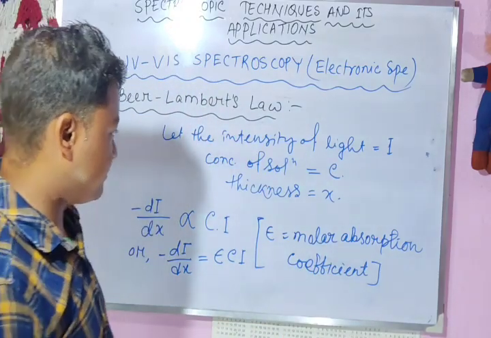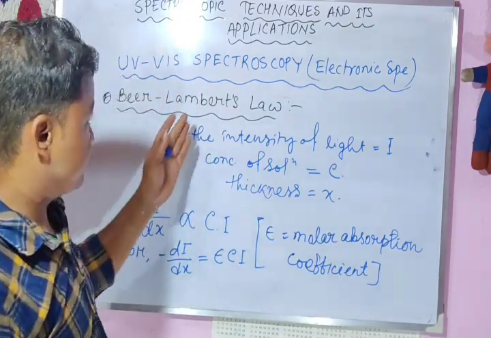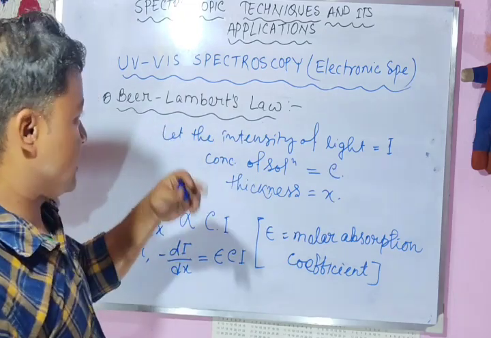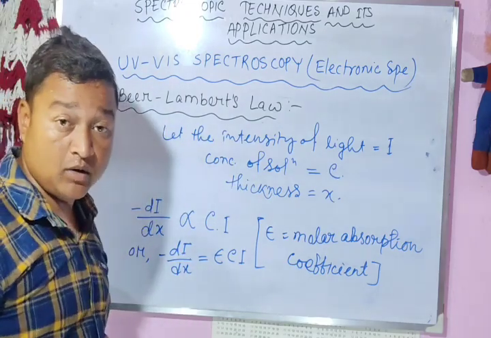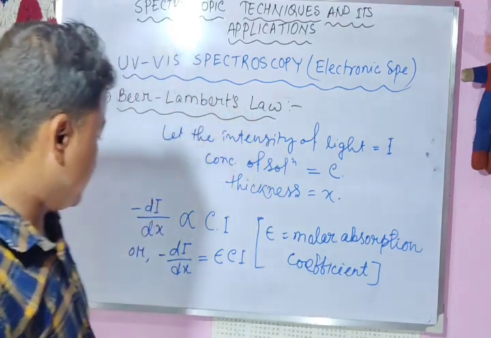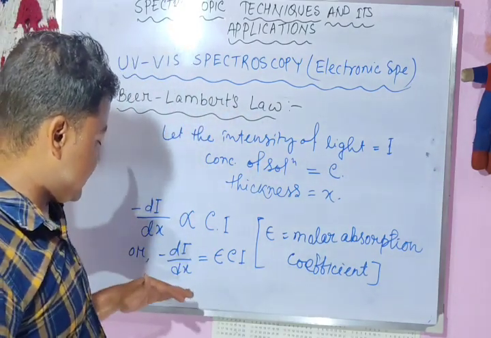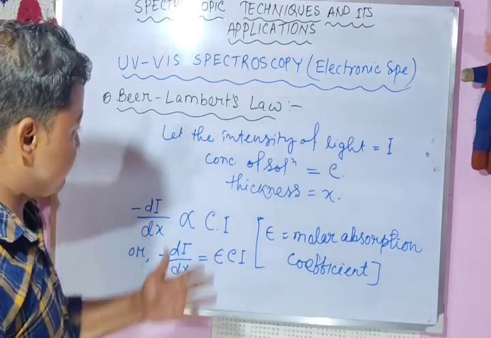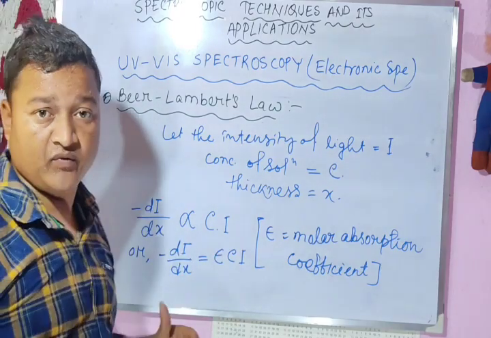This is the mathematical form of Beer-Lambert's law. And if we arrange and integrate it, then the simple form comes.